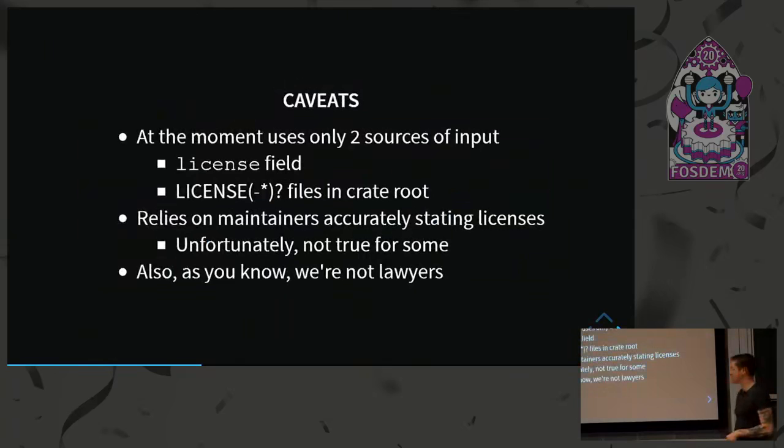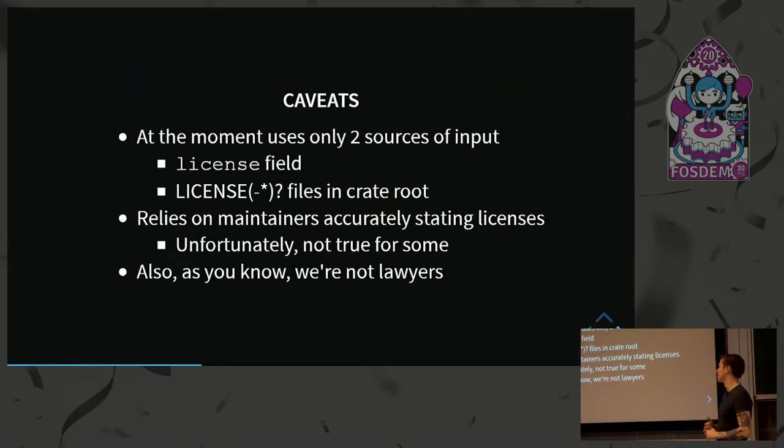And as we saw earlier, there are some caveats to this. Right now there are only two sources of input, which are the license field itself, as well as any license files that are in the crate root. We scan the license files to determine the license that is in the file, and then combine them all together with an AND expression to be maximally covered.